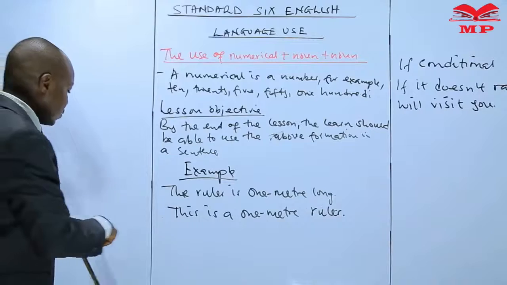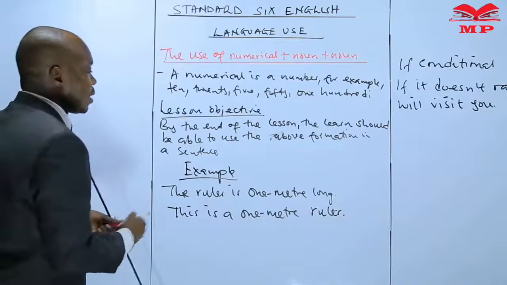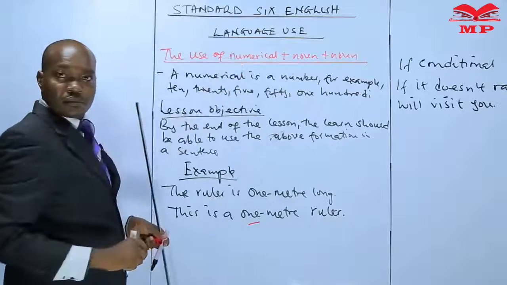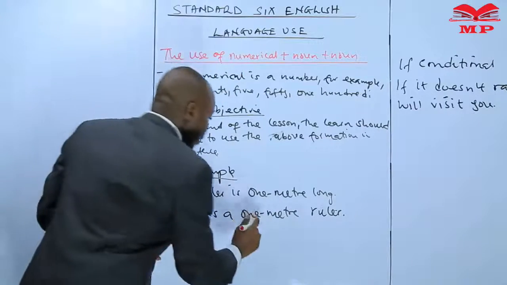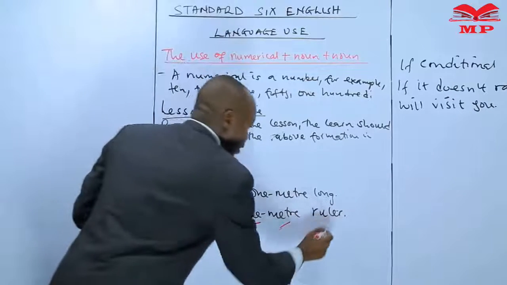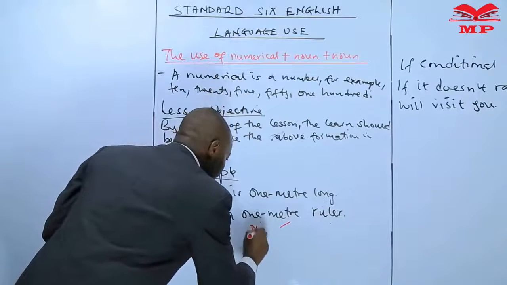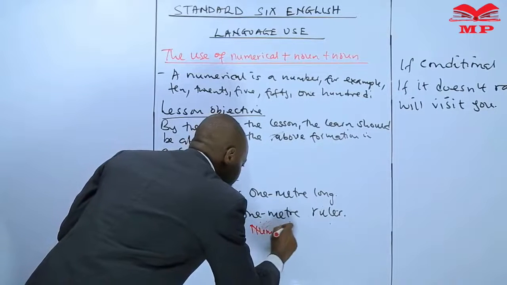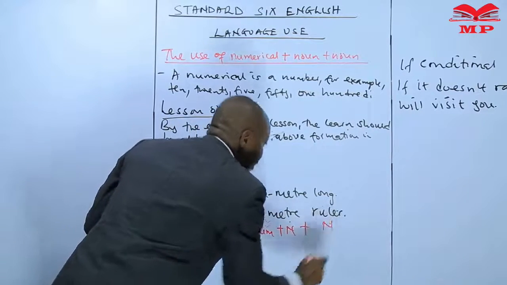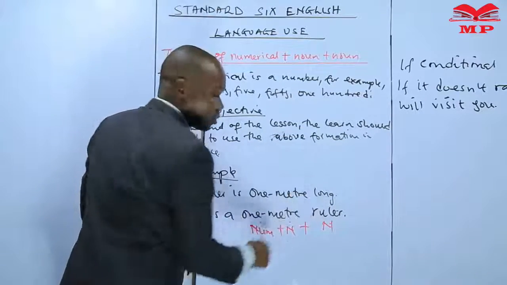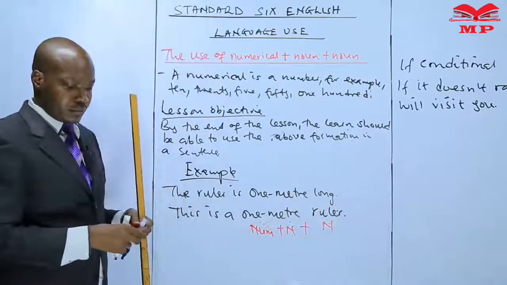We have used the word 1. These are numerical plus meter, a noun, plus a noun. So these are numerical plus noun plus noun. This is a 1 meter ruler, right?